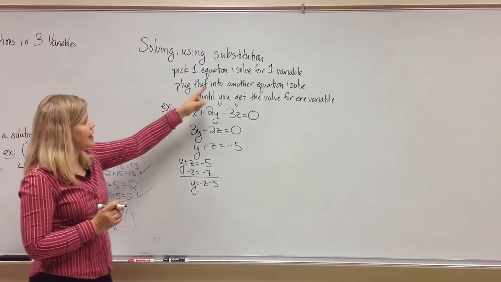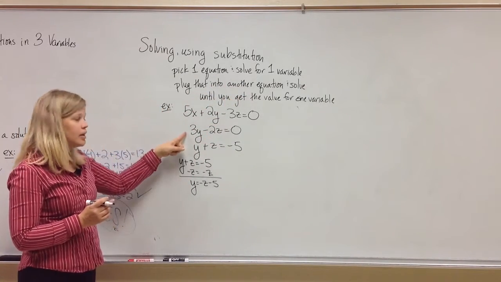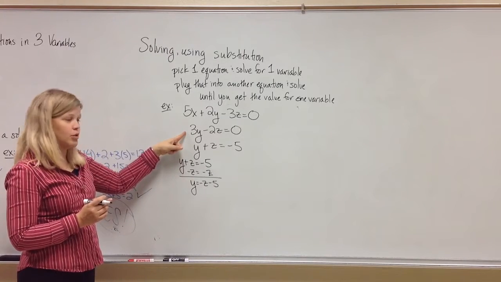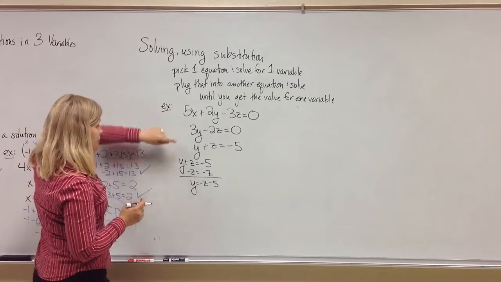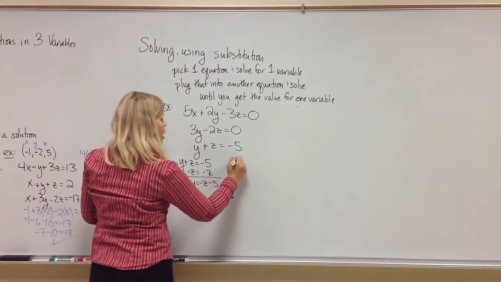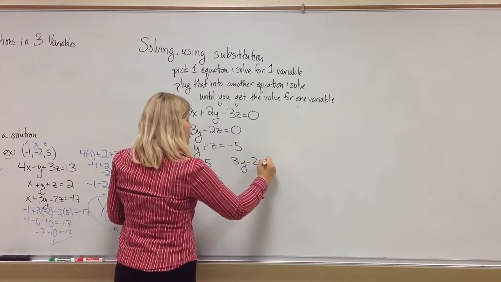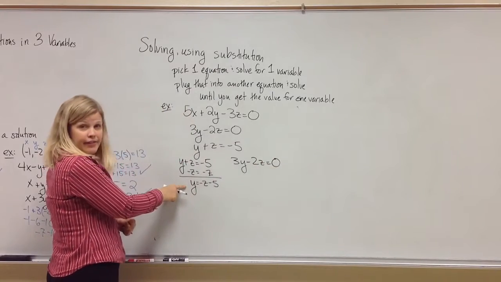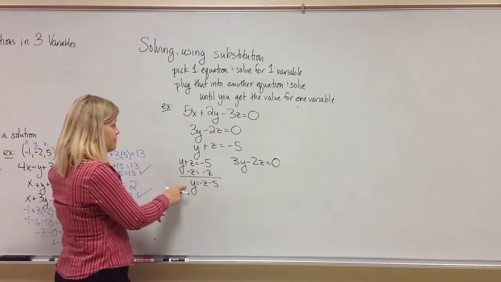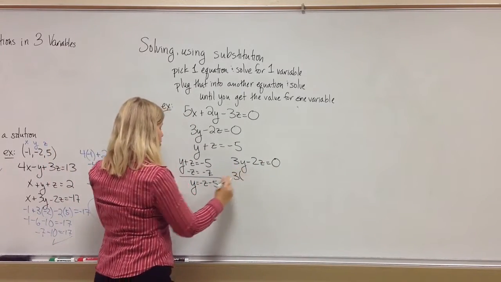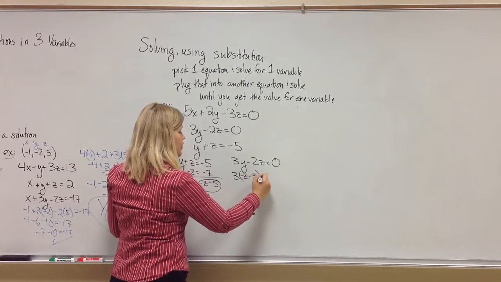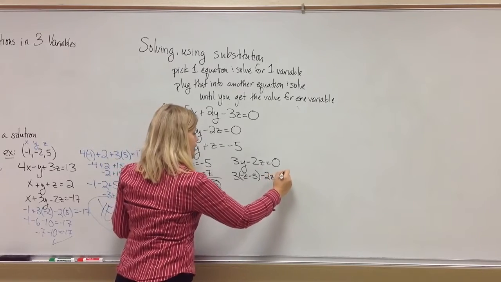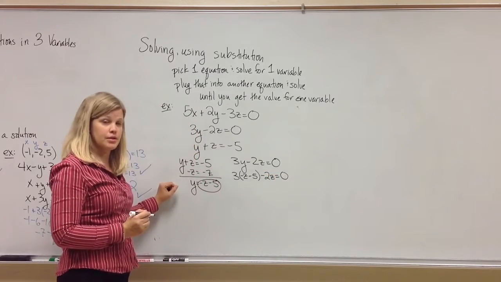Now, plug that into another equation. Well, look, right above it, we also have an equation that deals with y's and z's. So let's try using that one. Instead of writing y, we can use what we have here. Okay, so 3 times y, well, we don't want to use y. We want to use negative z minus 5, and then we've got negative 2z, and it all equals 0.